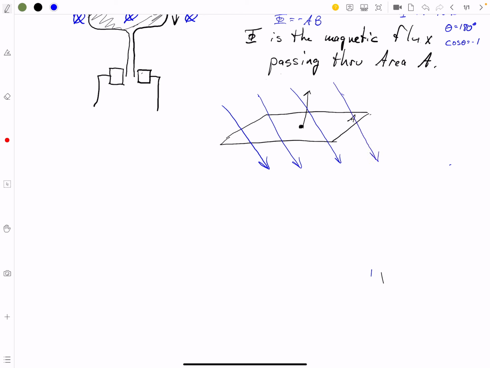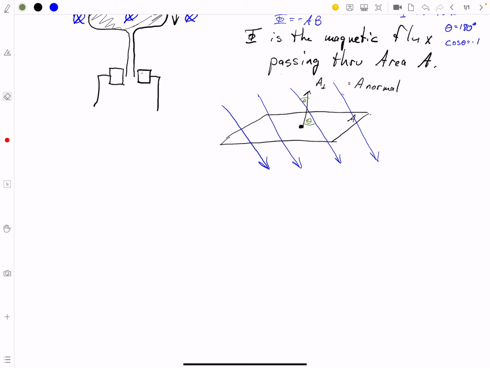Okay. And if we look carefully, we will see this angle between our A normal and the field, that angle, okay, and then there's this angle, which is equal.